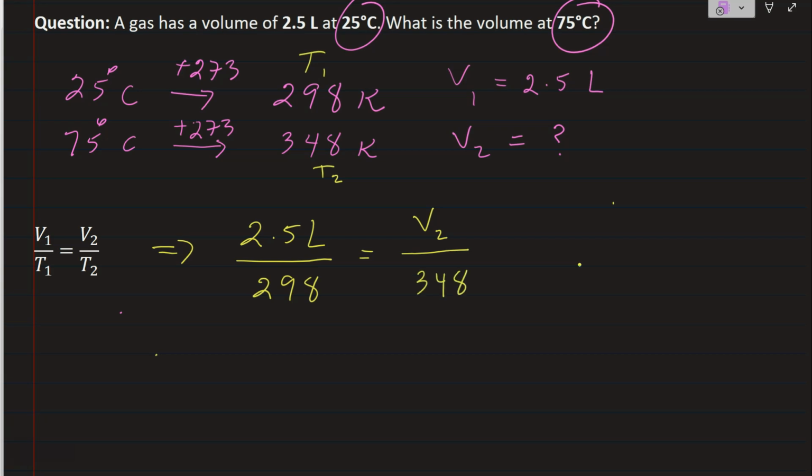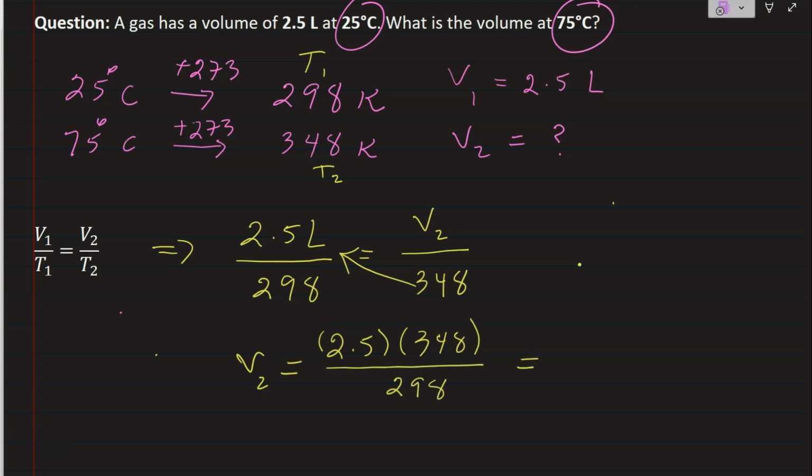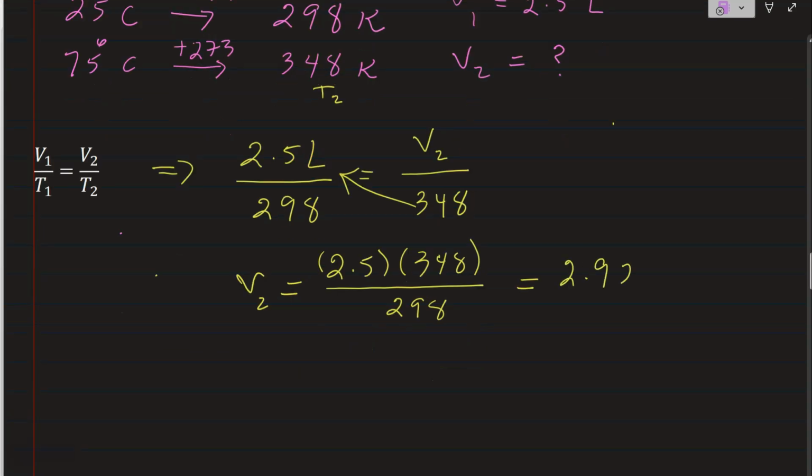Cross multiply and then divide by 298, the odd man out. So V2 is equal to 2.5 times 348 divided by 298, which is 2.92 liters.